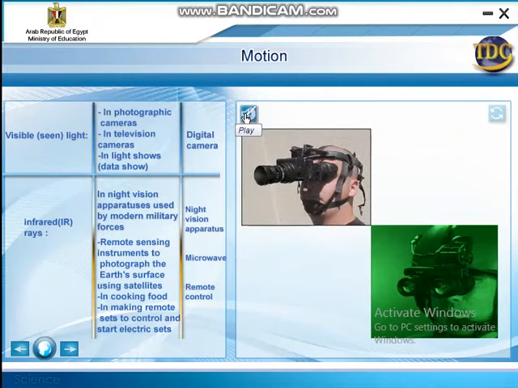Number 4, visible light. The visible light is used in photographic camera, in television camera, in light show or data show.